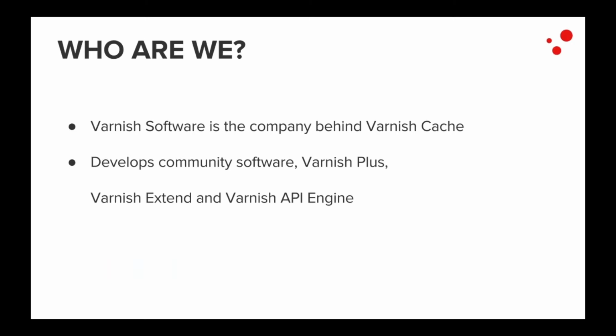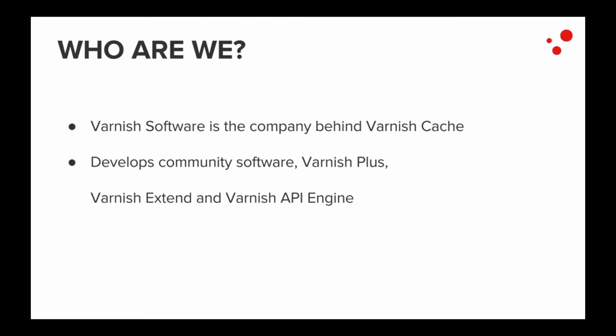Again, a little bit of introduction. So now you know who is talking. Next step is to introduce Varnish Software as a company, and we are the company behind the famous open source web accelerator Varnish Cache. I'm sure most of you have heard about Varnish Cache because it powers up to 2.5 million websites out there. We, as a company, develop community software, we support it, but we also develop a very enhanced version of Varnish Cache, and that's Varnish Plus.